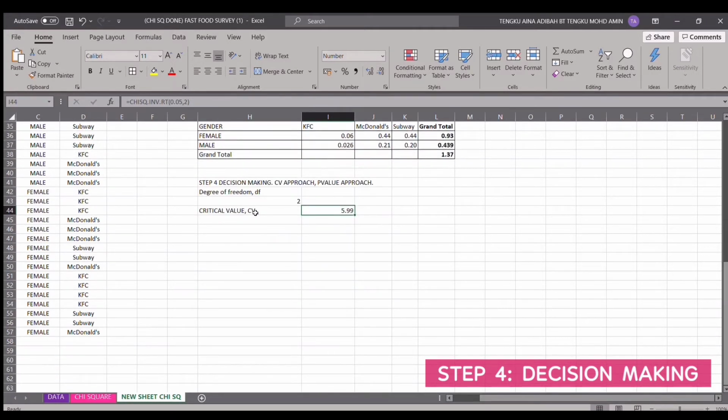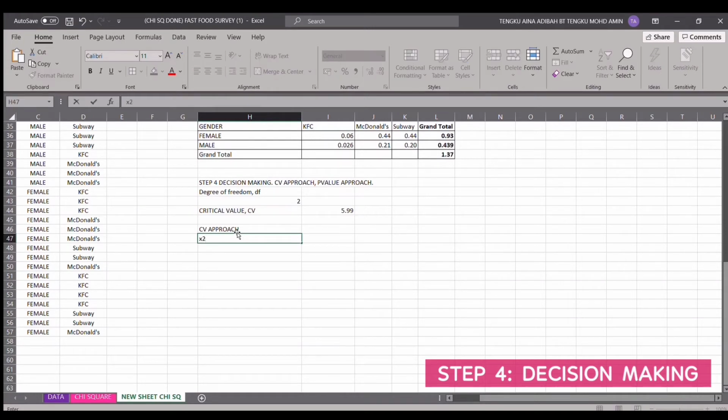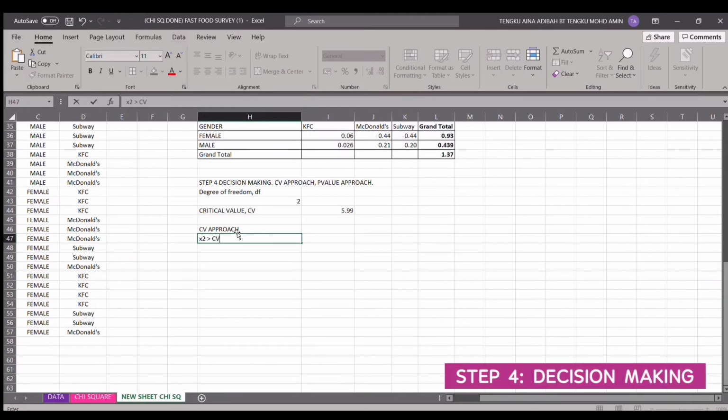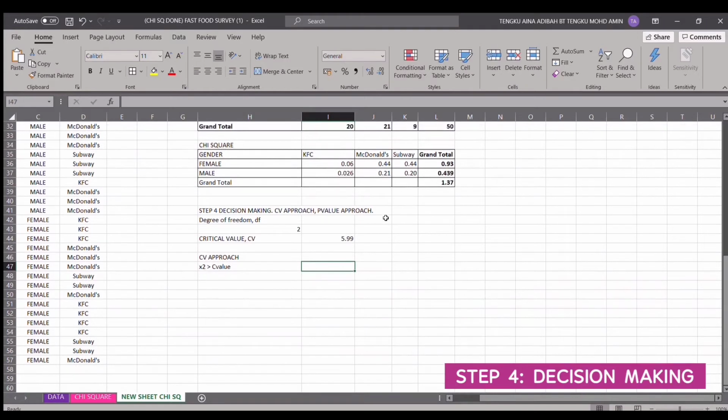So this is the critical value, and to use the method of CV approach, the CV approach is: if chi-square is more than the CV value, reject. So to compare, the chi-square value is 1.37.